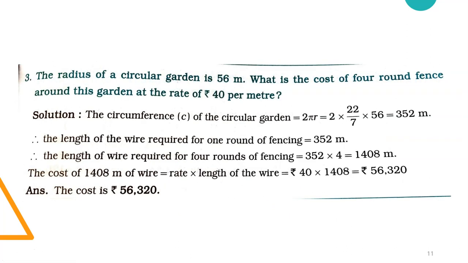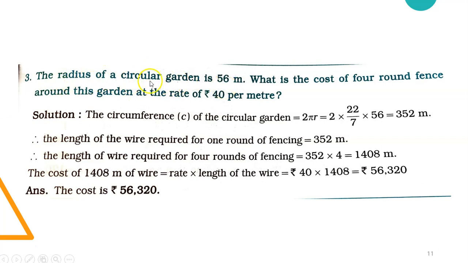Question number 3. The radius of a circular garden is 56 meters. What is the cost of 4 round fence around this garden at the rate of rupees 40 per meter? Now, the first thing we are going to see is this is the radius of a circular garden.